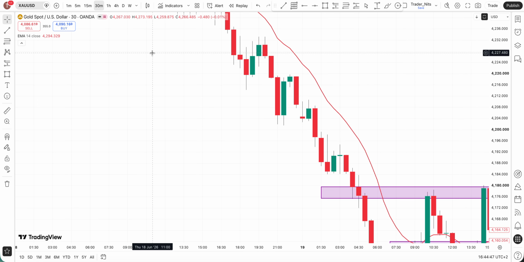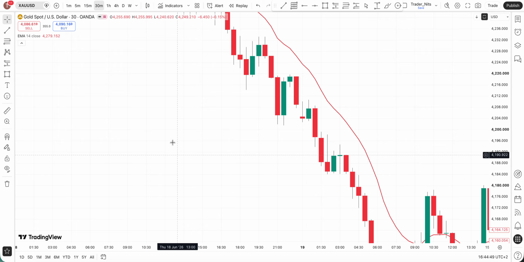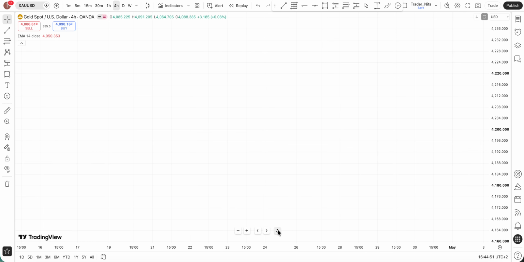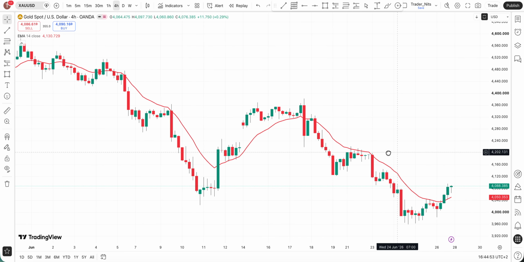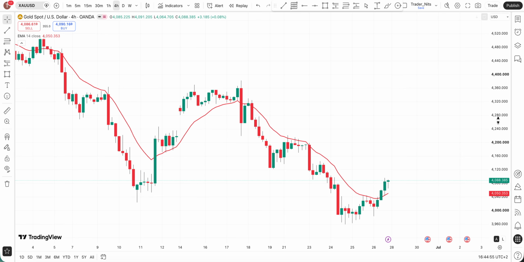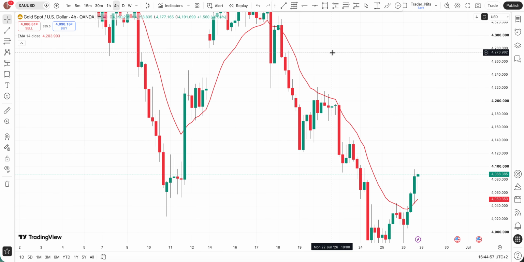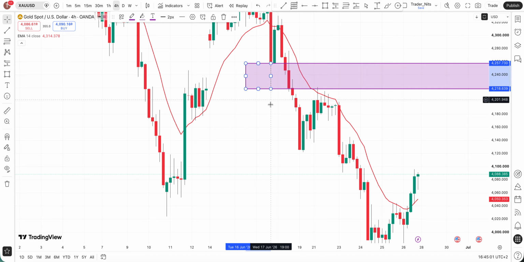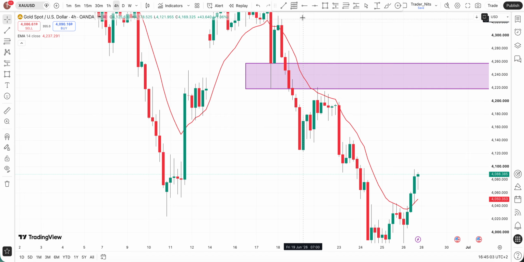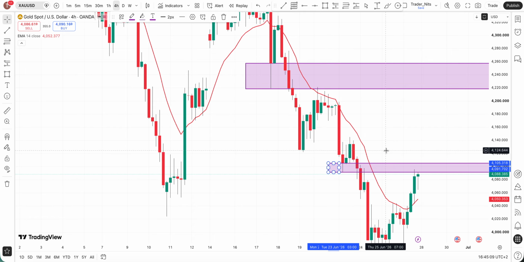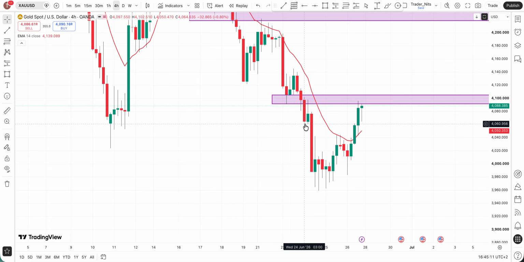If you want me to go on the higher time frame, I'll show you on the higher time frame as well, on the 4 hour, for example. See here, wicks, these wicks, only mark these wicks. Okay, this one, this one.